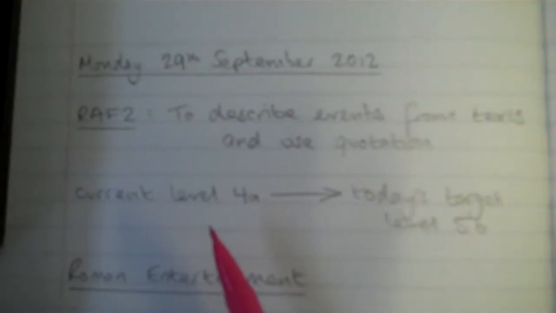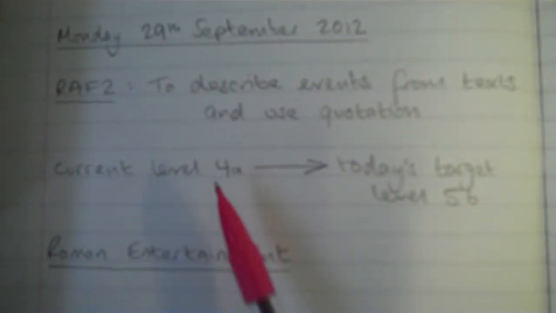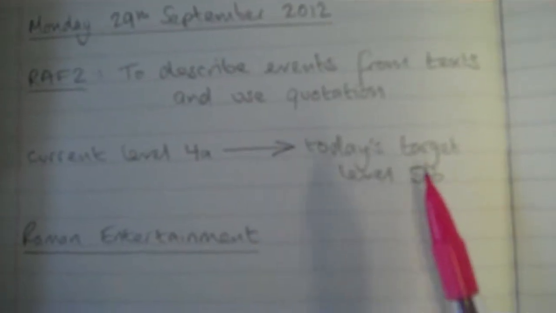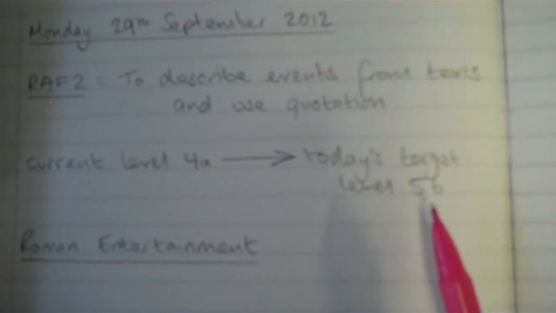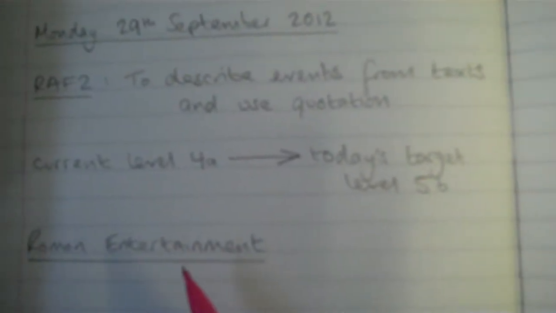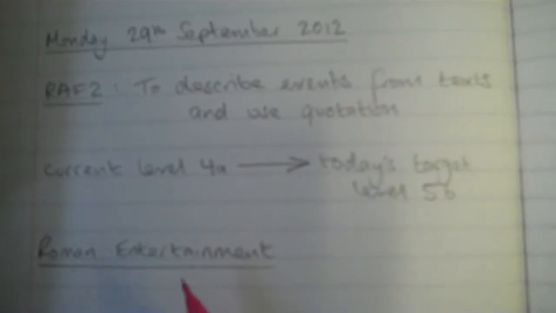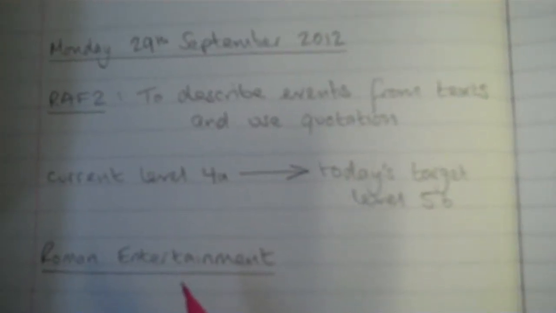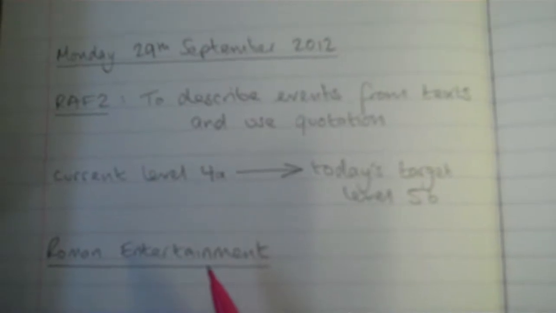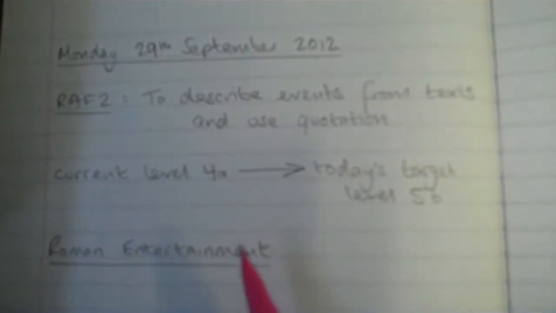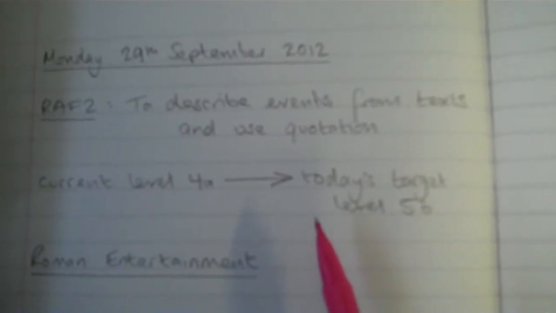The next piece of information that is absolutely crucial for students to know where they are in their learning is their current level, 4A, and today's target level, which for the purposes of this demonstration is a 4B. And then I've got a good old-fashioned content title, if you feel that's not essential, but if you feel students like to have some kind of reference to content on there. So our exercise today is going to be focusing on Roman entertainment, but this is the skill we're developing, and this is the level boundary we're hoping to cross through the course of today.